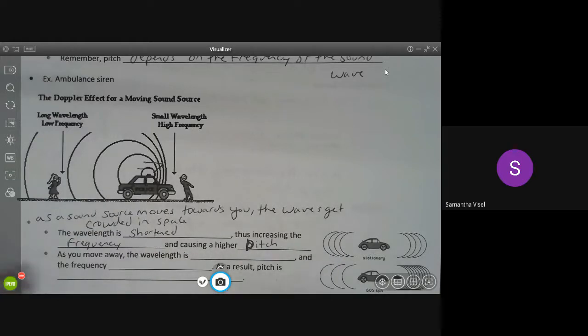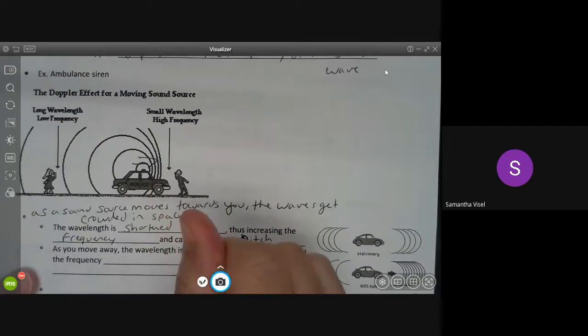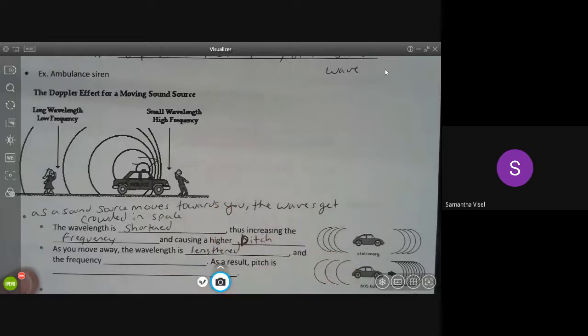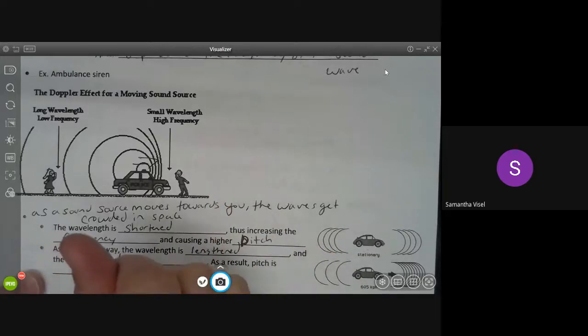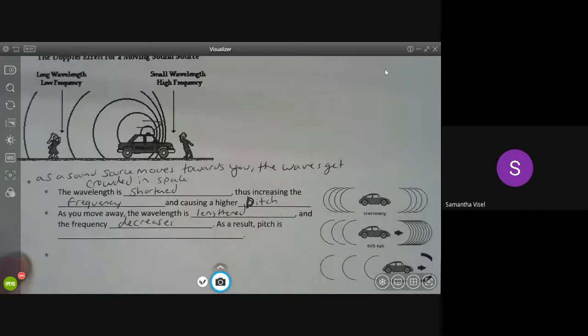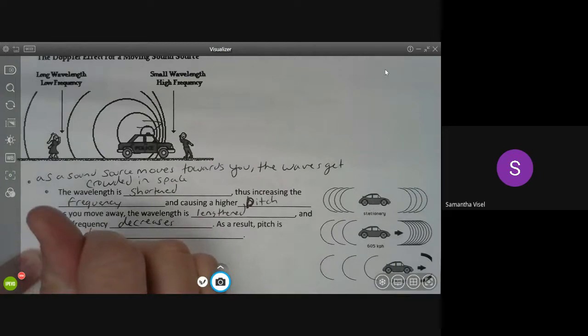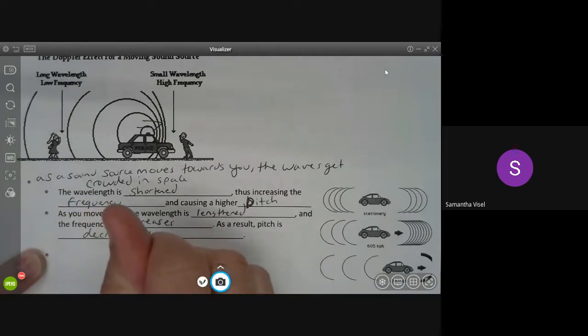And so as you move away, the wavelength is lengthened and the frequency decreases. And so as a result, the pitch is going to decrease, or it's going to be lower.